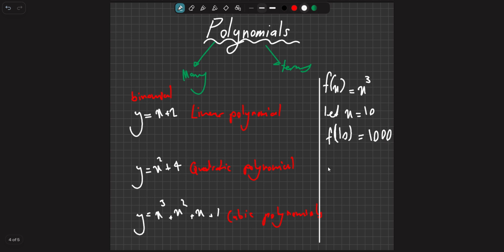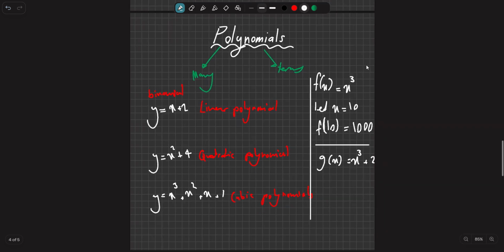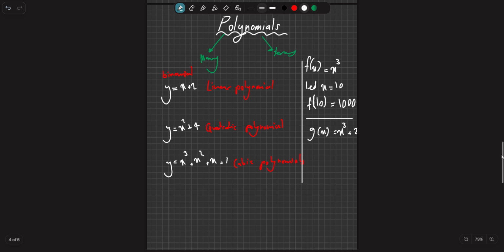Let's say g of x is equal to x to the power of 3 plus 2, okay? Very simple expression. I'm going to zoom out so you can compare them better. Like this, okay, that's good. When we sub in 10, okay, for x, you might have guessed it, it's 1002, okay?